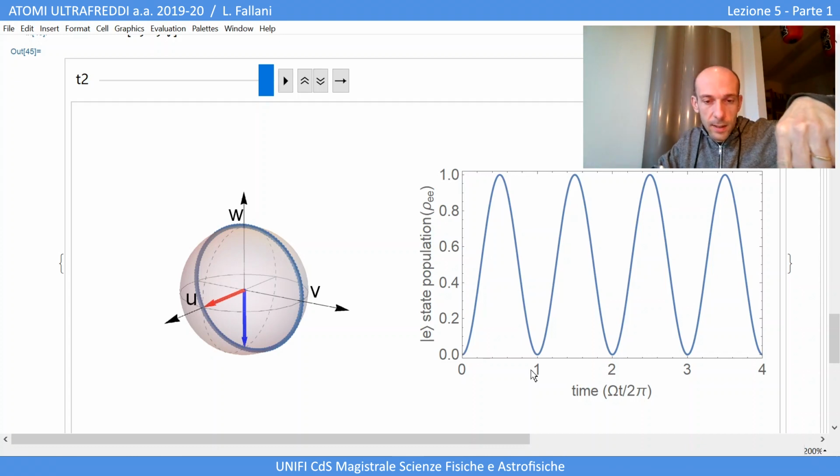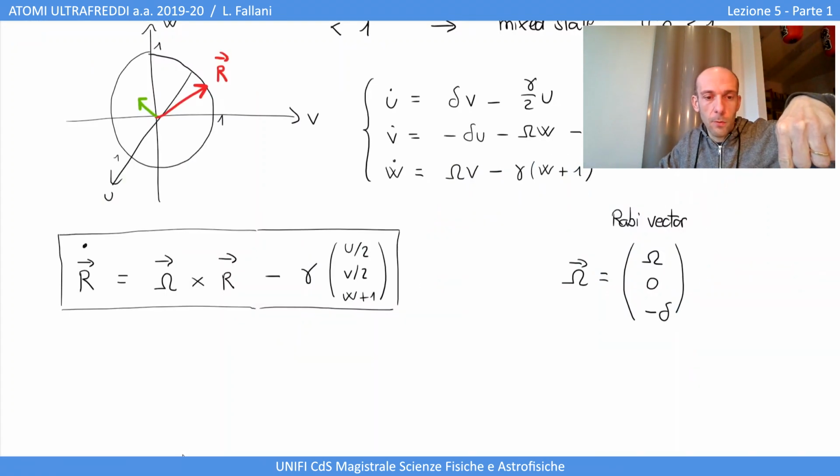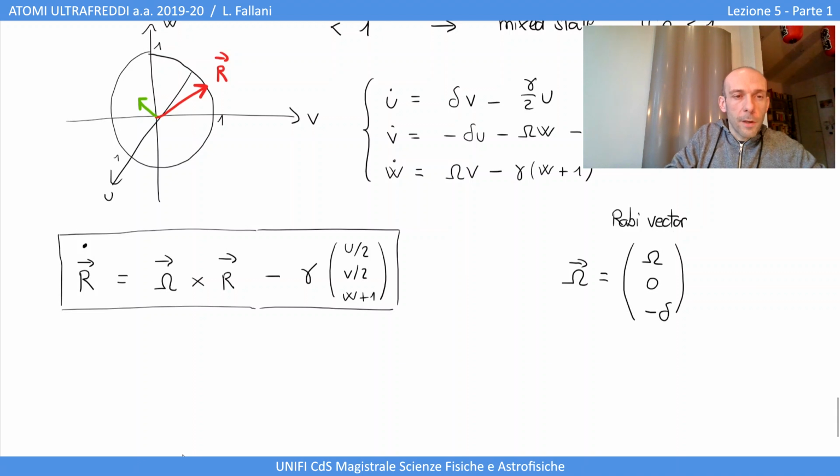I haven't said that, but I will say it now: on the Bloch sphere, the south pole corresponds to the ground state G, while the north pole corresponds to state E. All the other points on the Bloch surface correspond to different superpositions of G and E, and in particular, the points on the equator correspond to an equal-weight superposition of G and E.